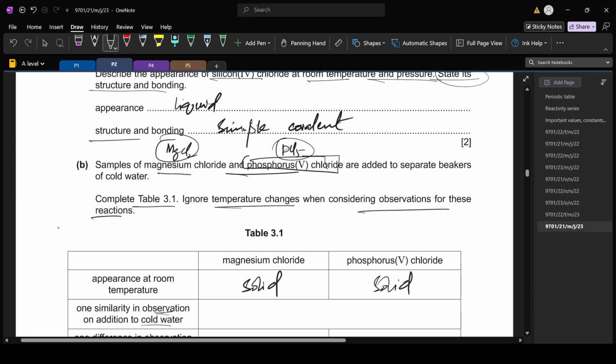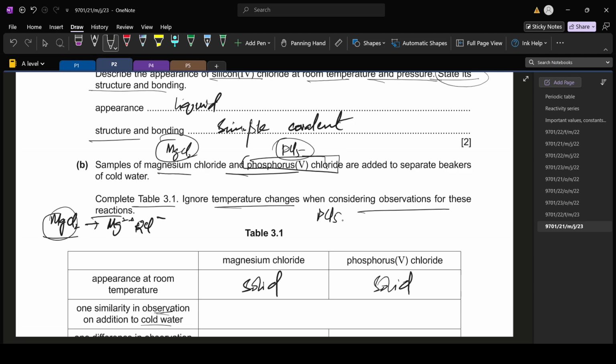Now one similarity in observation on addition to water. So when this magnesium chloride is added to water, it will form magnesium 2 plus ions plus Cl minus ions. So the colorless solution will form, and this solid will dissolve. And when PCl5 reacts with water, it will be hydrolyzed in water, so it will form phosphoric acid plus HCl.